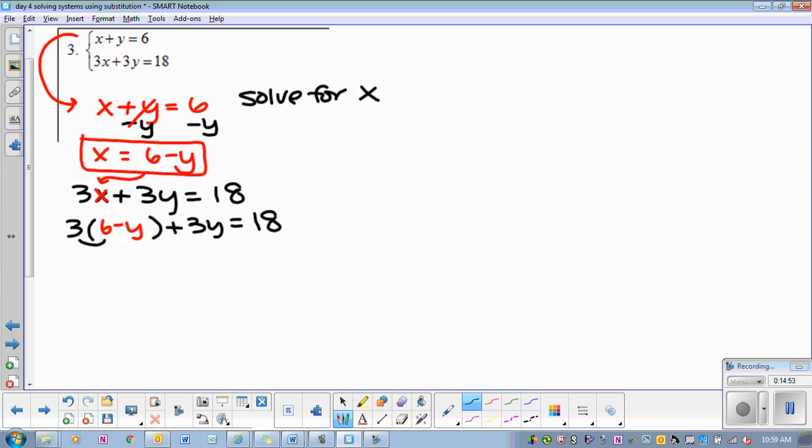Now distribute, right? What's 3 times 6? 18. 3 times negative y, negative 3y, plus 3y equals 18.